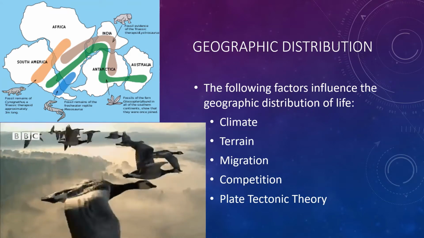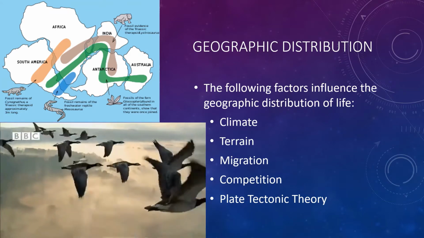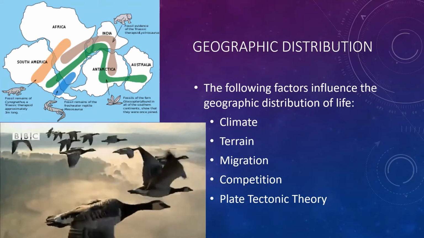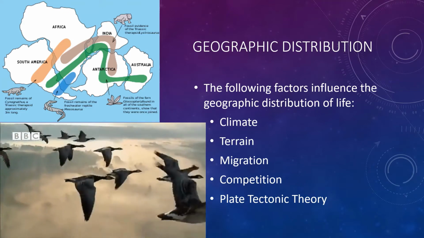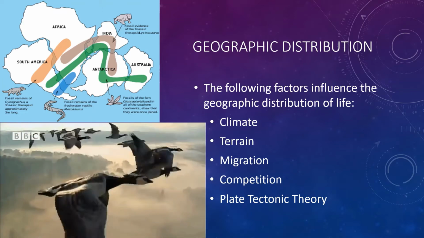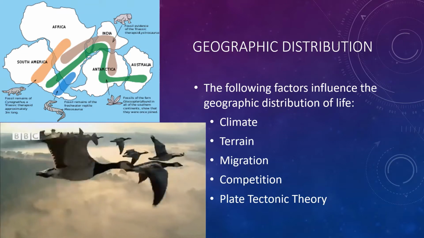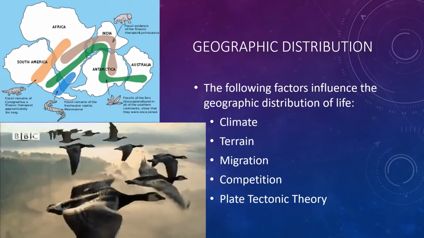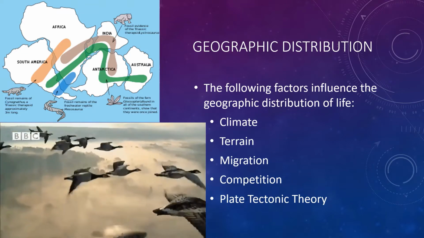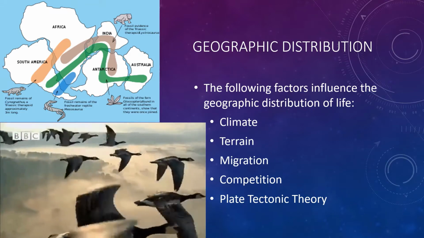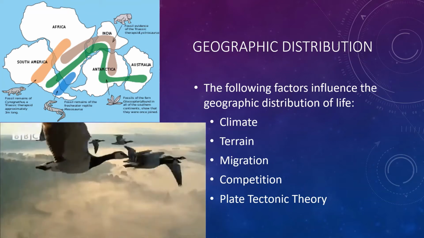Literally the plates moving and separating to different parts of the globe means the environment is going to change, that means the climate is going to change, and that means what is best for survival is going to be different in those different environments. Life was literally moved when the plates were moving across the planet. So that was a huge factor of geographic distribution.